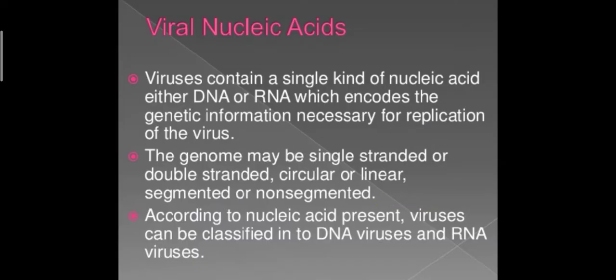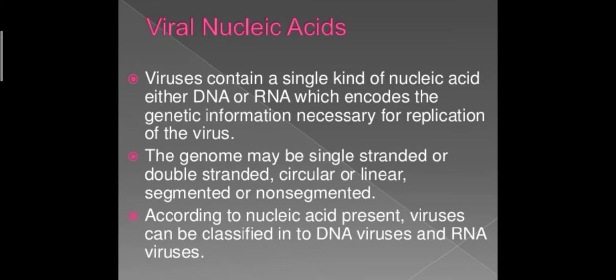So, the viral nucleic acids. The virus contains a single kind of nucleic acid, either DNA or RNA, what we have discussed, which encodes the genetic information for the replication process. Specific viruses will carry DNA only. Specific viruses will carry only RNA for the replication purpose. Either single stranded or double stranded.